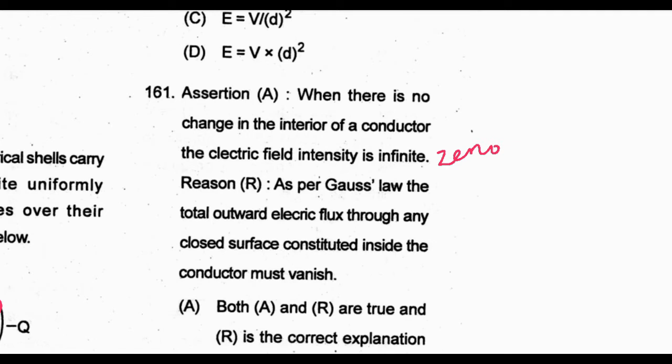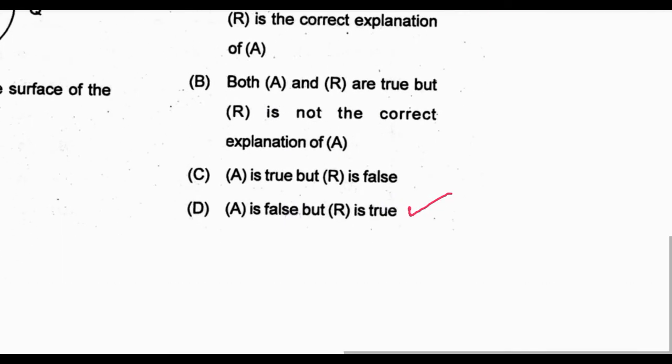So in these two statements, the first, that is the assertion, is wrong, because when there is no charge in the interior of a conductor, the electric field intensity is zero, not infinite. So here A is false, R is true.